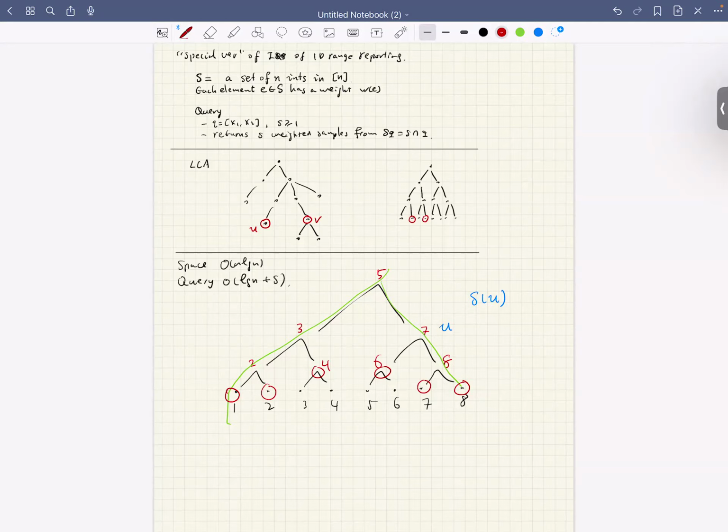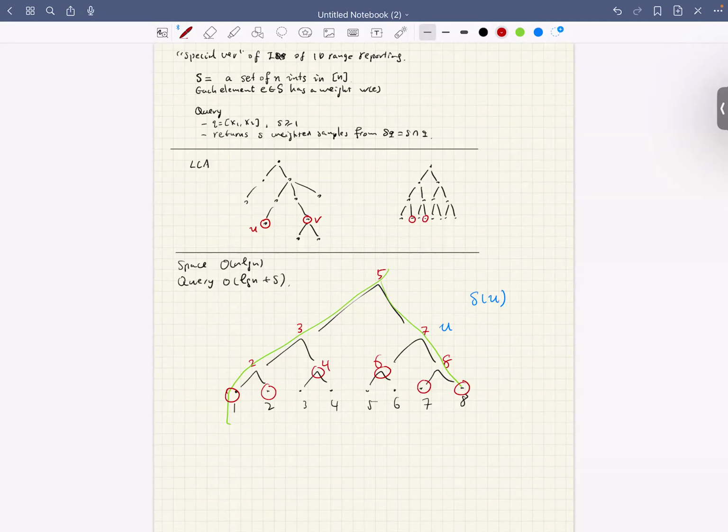When I say you build an alias structure over these 6 elements, the probability that each element gets sampled is proportional to its weight, precisely its own weight divided by the sum of all the weights in the system. Because the problem is defined that way and we have solved the problem, it has to. Exactly, that's how I would like you to look at it.